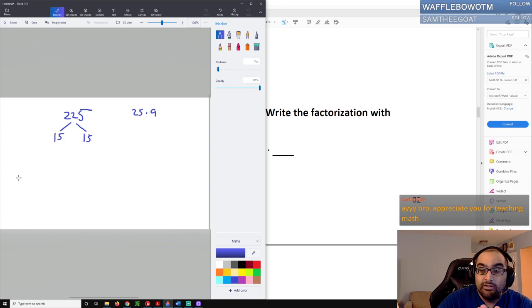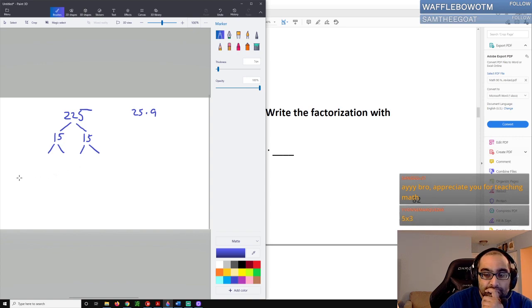Okay, so let's break down 15 and 15. As you could probably guess, 15 and 15 break down to the same 2 numbers. So what does 15 break down to? Five and 3.